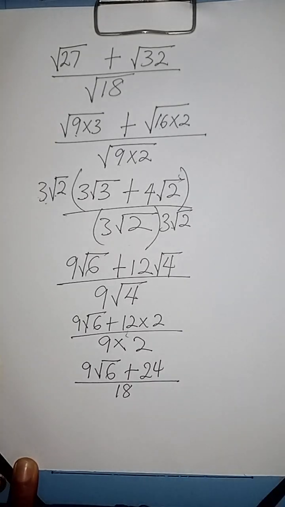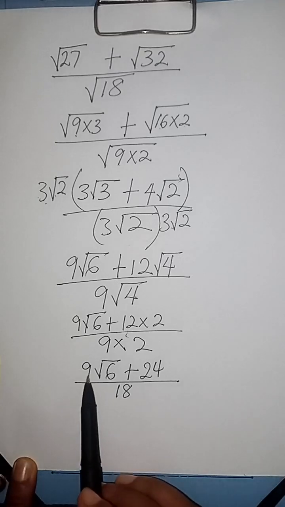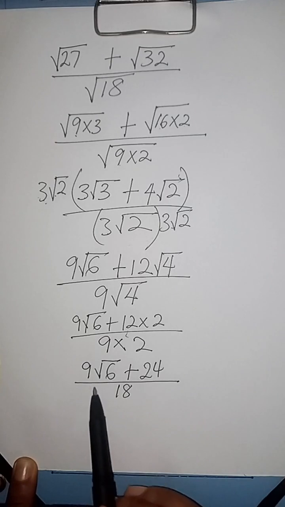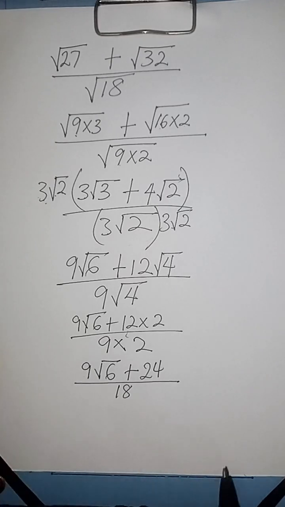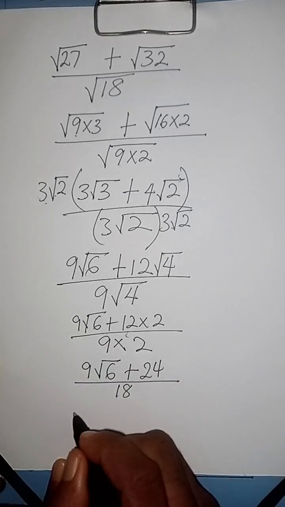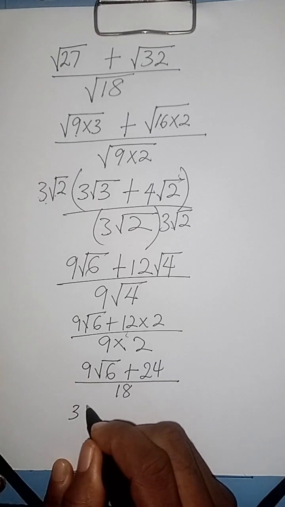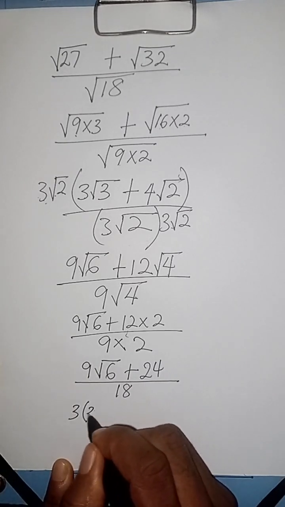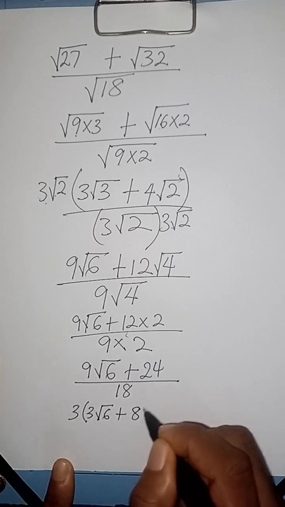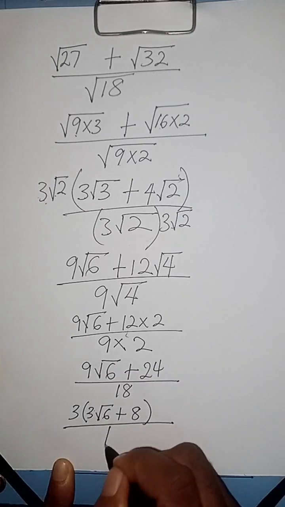Again, we can simplify this further. The highest common factor here is 3. And if you factorize this, you're going to get 3 open brackets, 3 root 6 plus 8, divide 18.